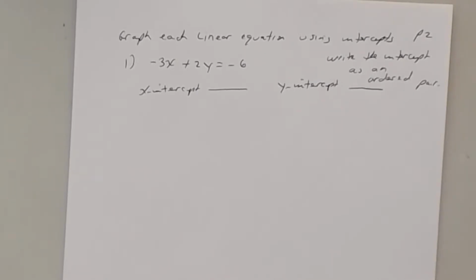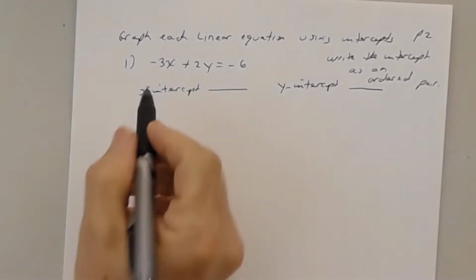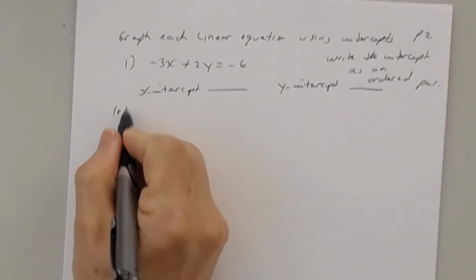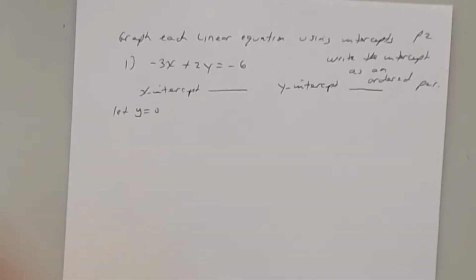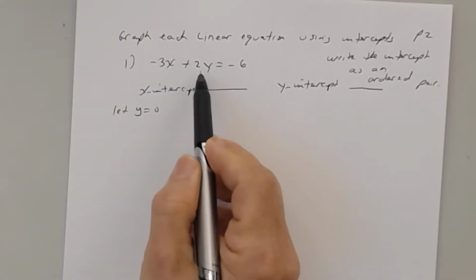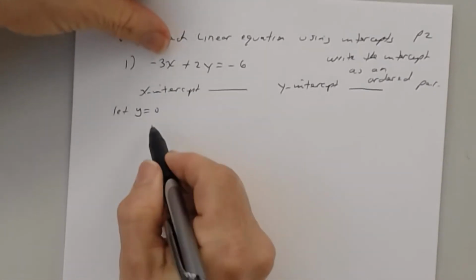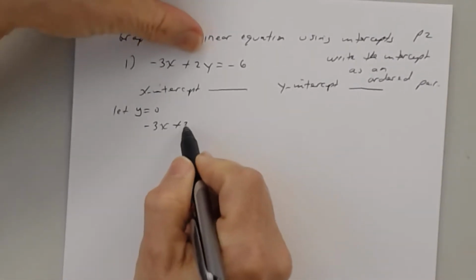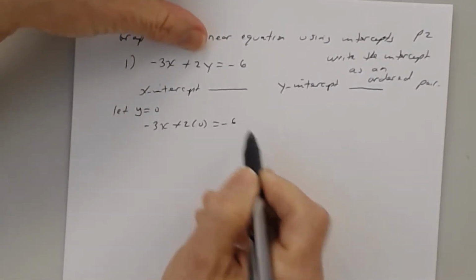All right. Okay, so let's remember about x-intercepts. What do you notice about every x-intercept? The y-coordinate is 0. So if I want to find the x-intercept, I'm going to let y equal 0. Wherever you see the variable y in my equation, what do I substitute? 0. So I get negative 3x plus 2 times 0 equal negative 6, right?